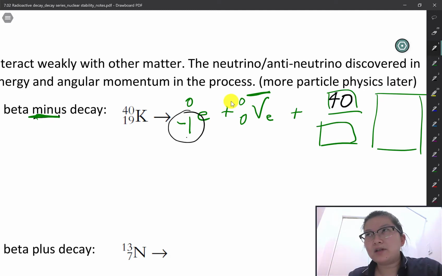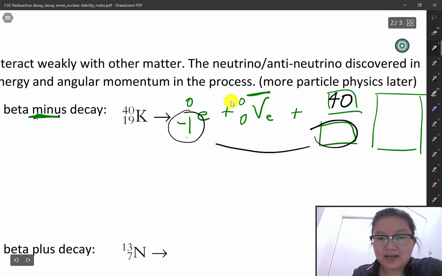So think about beta minus decay. It's essentially a neutron gets converted into a proton and an electron. So here's the electron. So in fact, we get an additional 1 proton out of this mess. And how to show that? Well, we know that this number here plus -1 is going to give us 19. So something plus -1 giving us 19, that has to be 20, okay?